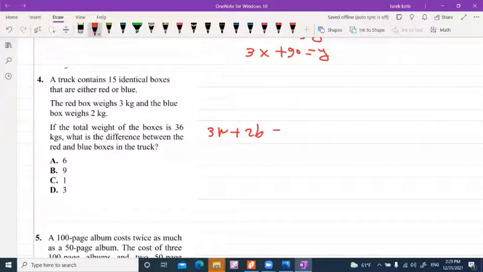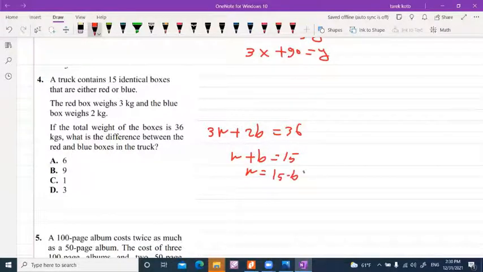This is the first equation. And the number of boxes equals 15. These are two equations. I can get the R from here. It will be 15 minus B.